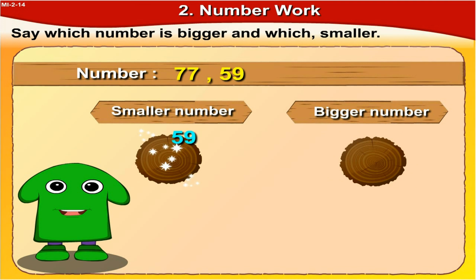You're right, 59 is smaller and 77 is bigger. 39 and 9. 9 is smaller and 39 is bigger. 14, 35. 14 is smaller and 35 is bigger. 67, 32. 32 is smaller and 67 is bigger.